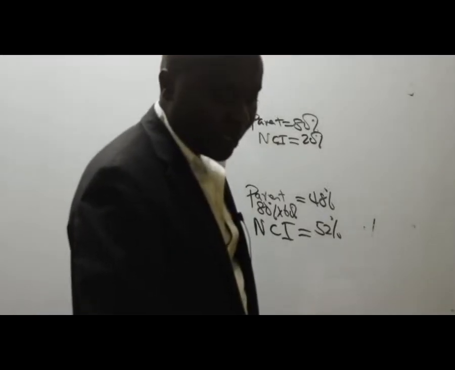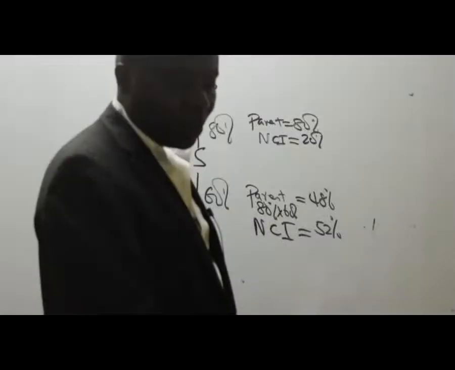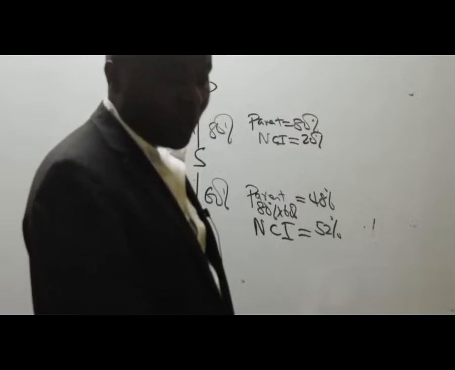This will be very important for our group structure. So you can see in SS, the parent effectively owns 48% and the NCI owns 52%. So please continue asking questions.